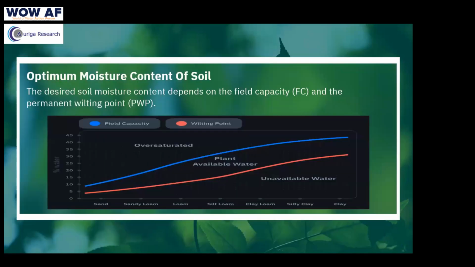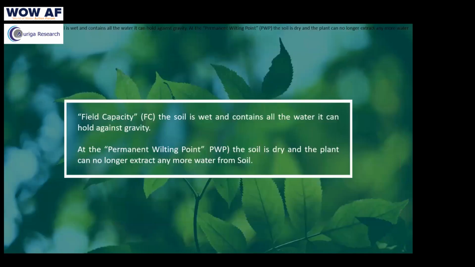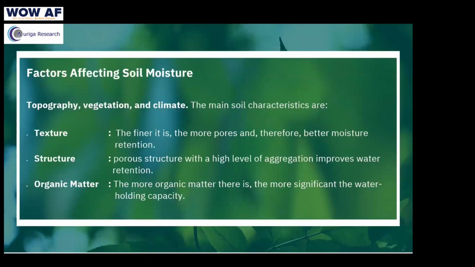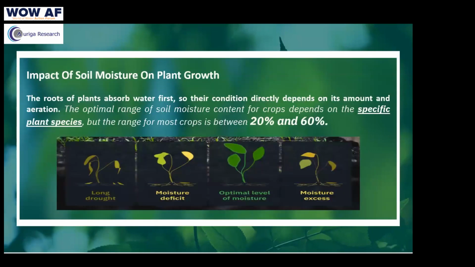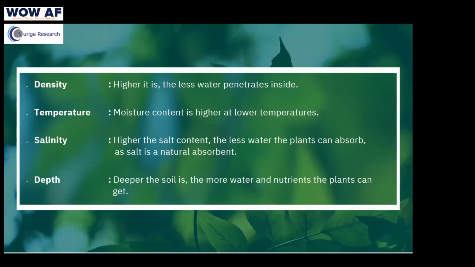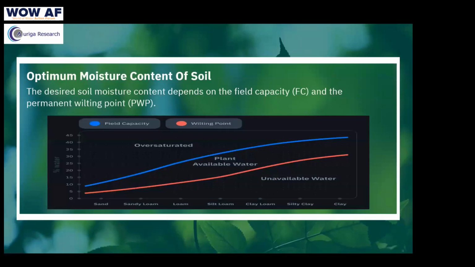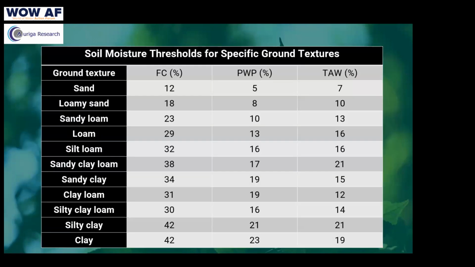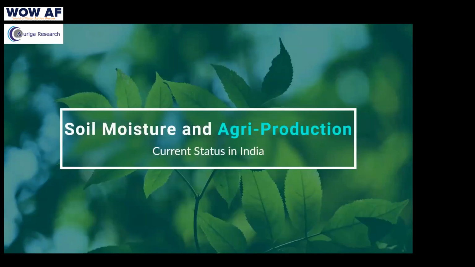So just to put it very simply, soil moisture is important for several reasons, and it has an important part to play in the growth of the plant. And the growth of the plant is determined objectively by numbers with respect to the field capacity, the permanent wilting point, and of course, the total available water.